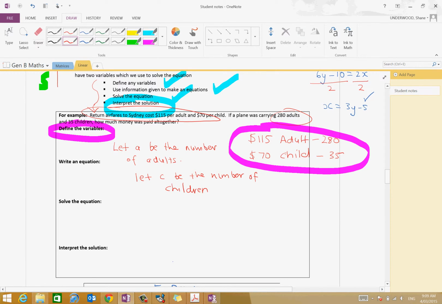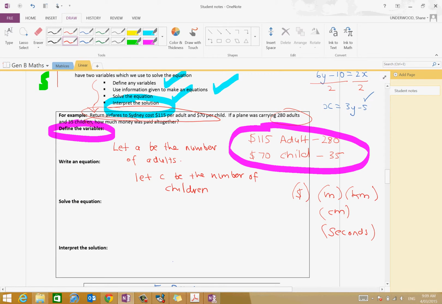Now, you might not need to say what type of unit it is, but a number, of course, is just a number. But we could have units of dollars. We could have a variable which is in meters, kilometres, centimetres. It could be a unit which is in seconds, or it could be in minutes. So it's really important for you to state those. These ones are a bit more obvious.